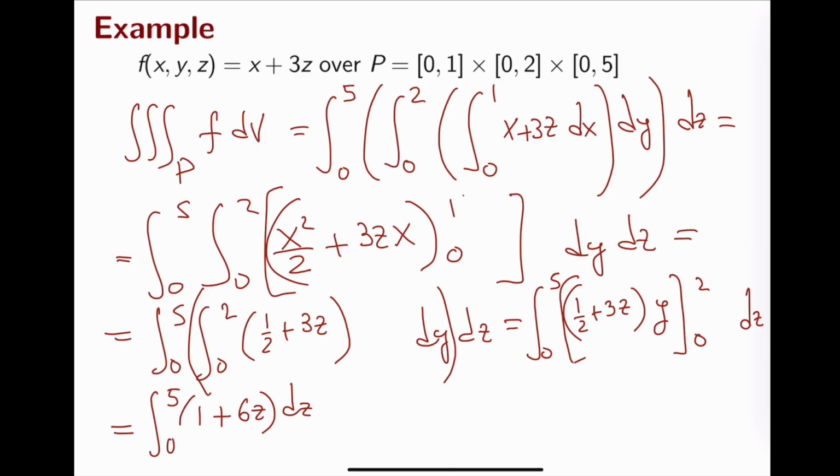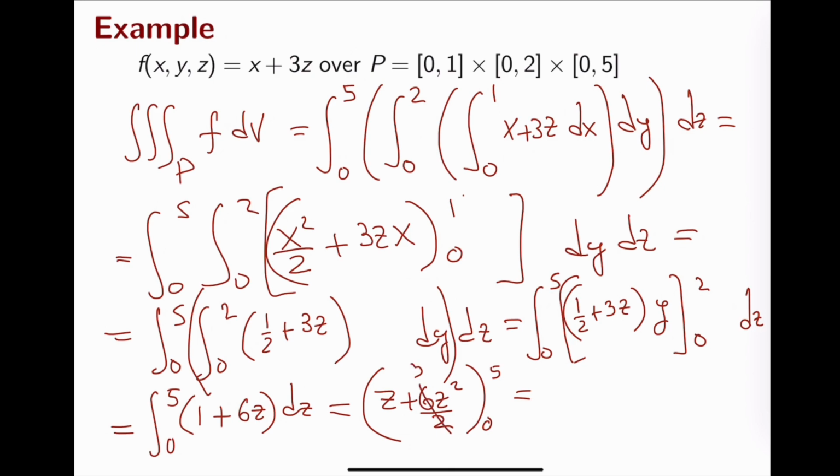And so this is the last integral that we need to solve. This integral with respect to z, we integrate. The integral of this is z plus 6z squared over 2. Then we need to evaluate this between 0 and 5. So let's plug in. Here we have first 6 over 2, this is 3.